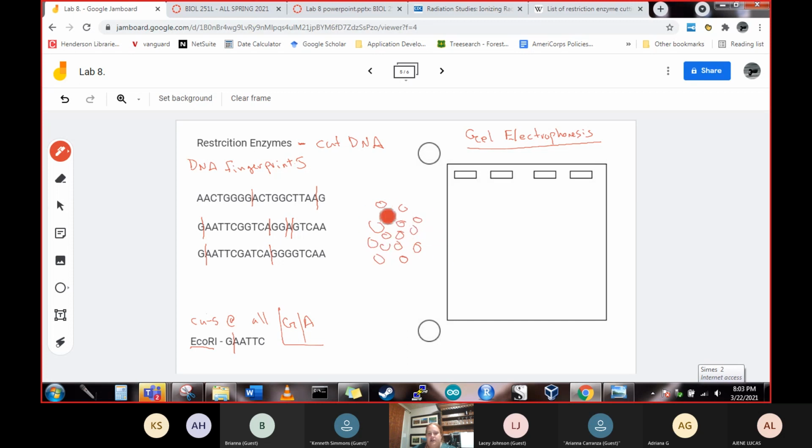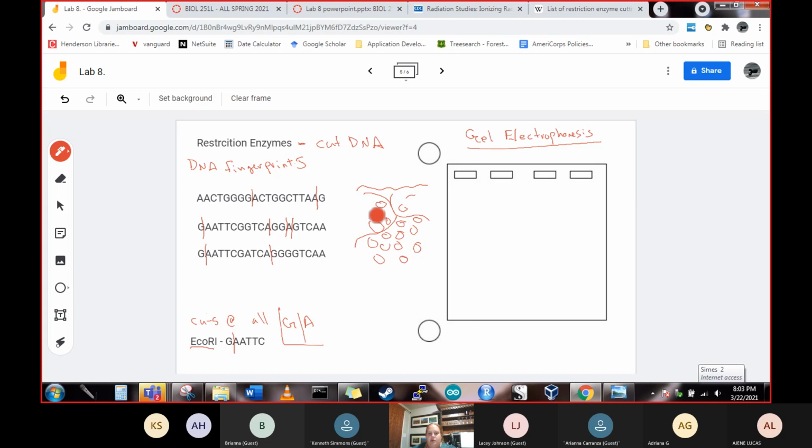So it's like a gel and there's little spaces in between. If you have a really long piece of DNA and you load your DNA up here, it's going to run this way, and we'll talk about why it's doing so. But it has to get through all of this gel that's in here. A long piece of DNA is going to get caught here, and then it's going to get caught here. So it's going to move pretty slowly.